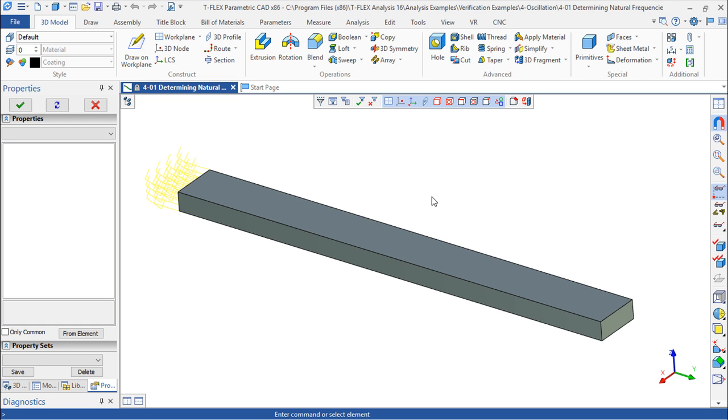So the idea is, as most of you know, these vibrations, these frequencies or resonant frequencies, they occur when this is magnified by induced vibrations, and at certain frequencies we have problems.